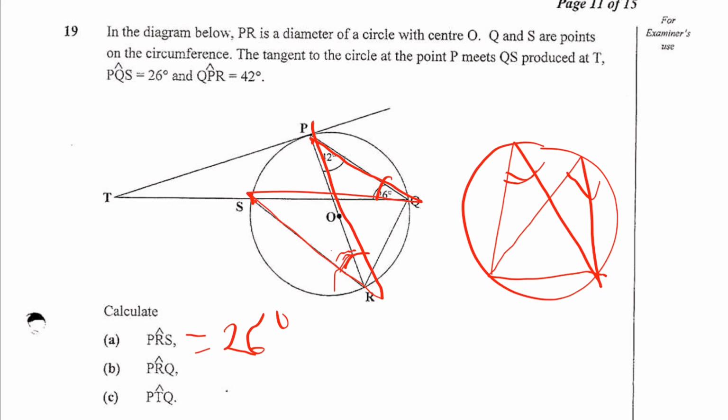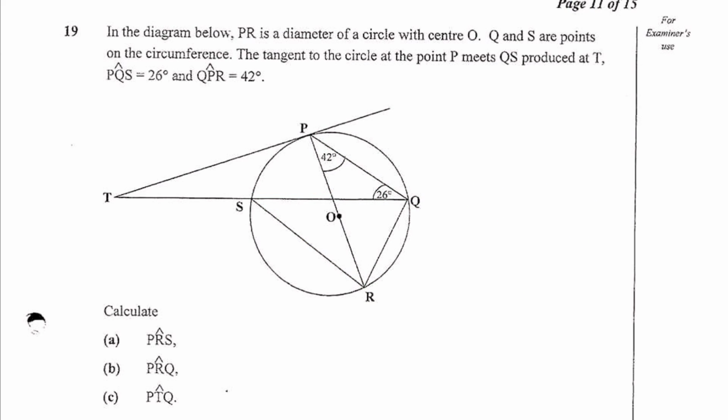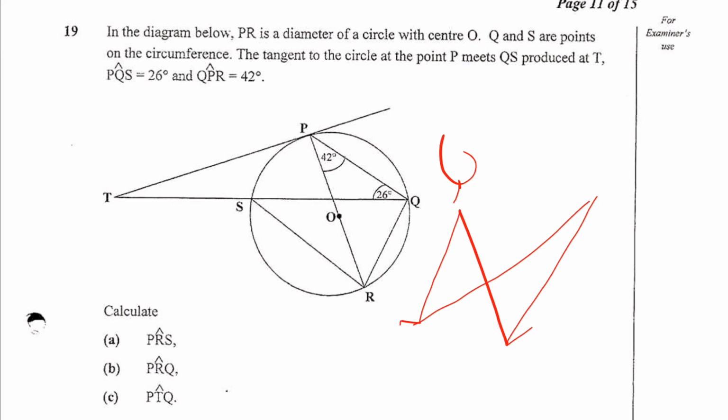In other words, if you are standing here, your shadow will be on this side. What's here is equal to what is here; the angle in between is the same as what is there.